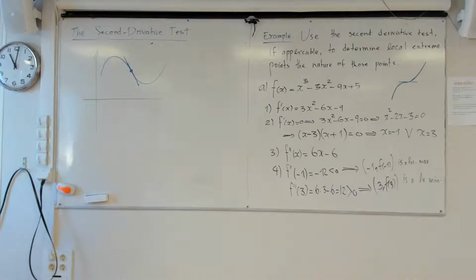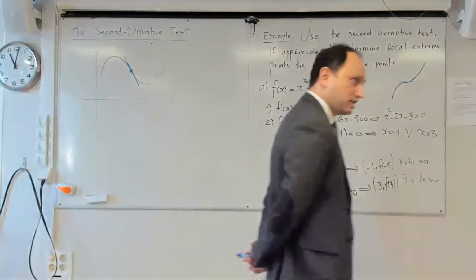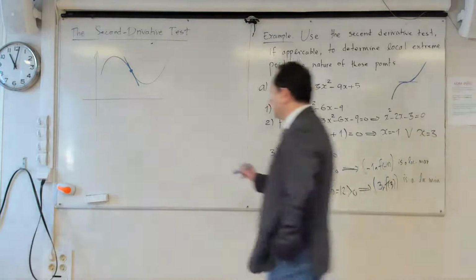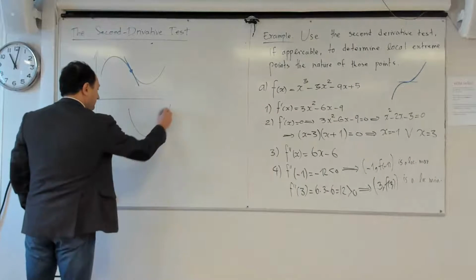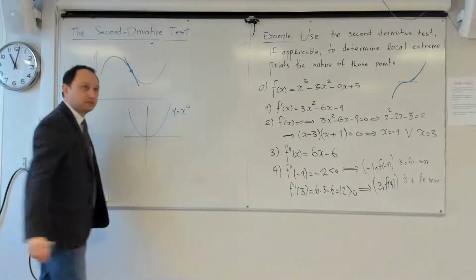Yes? We set the second derivative to 0. Okay, and then? Is it guaranteed that the point that we get is definitely an inflection point? Do you remember this example that I gave you? y equal to x to the 4.